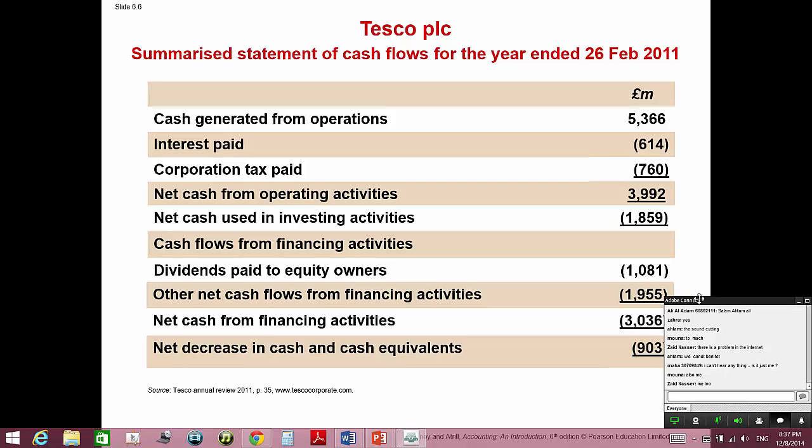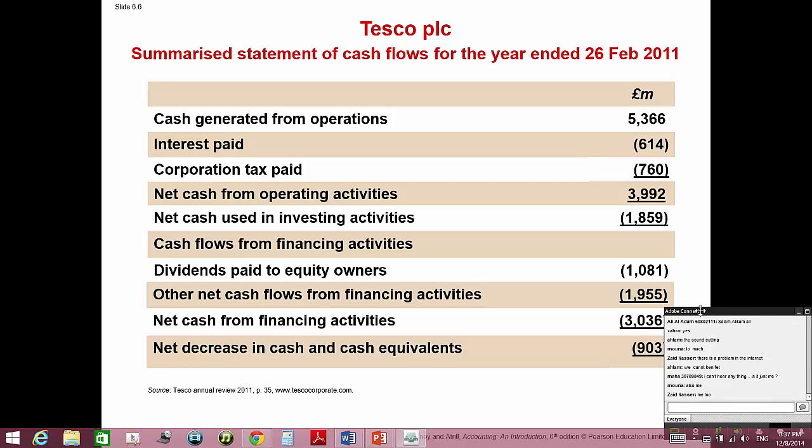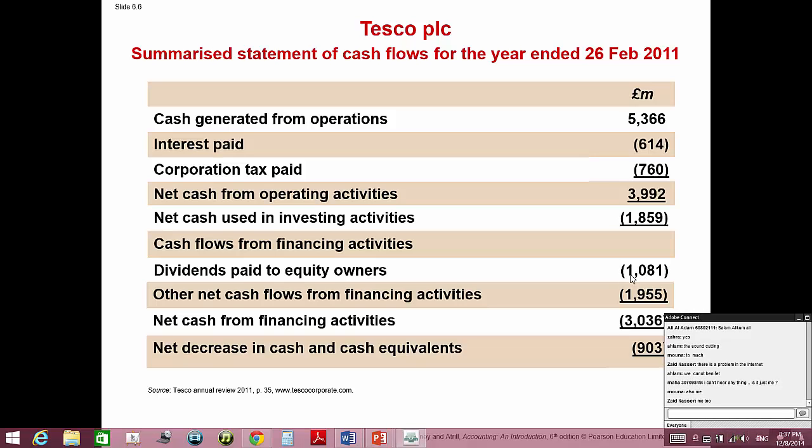There is also another item, other net cash flows from financing activities, and as you can see here, it's also negative. That means we also paid this amount, for example, we paid some of the loan, because this will be cash outflows.